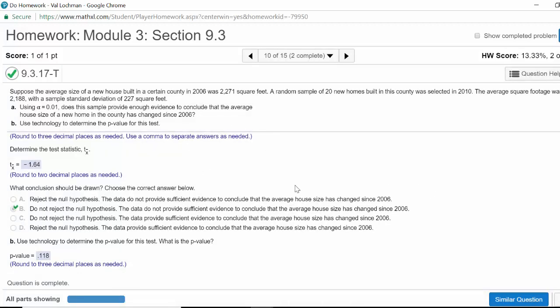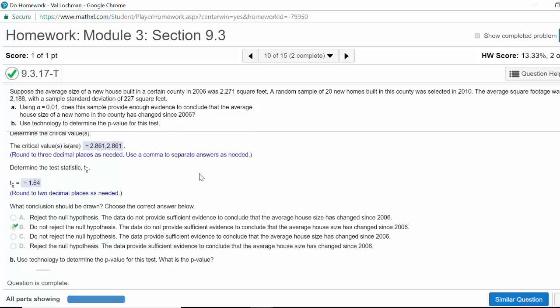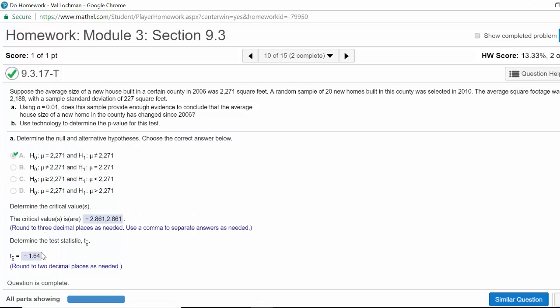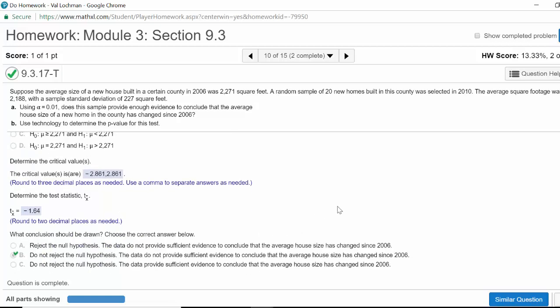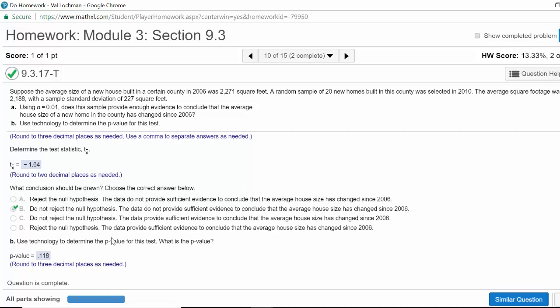Here's an example of two methods. In the critical value method, you compute your critical values, then find the t-statistic and see if this number falls outside of the range for the non-critical region. It doesn't. It falls into the non-critical region in our case, which means we do not reject the null hypothesis.